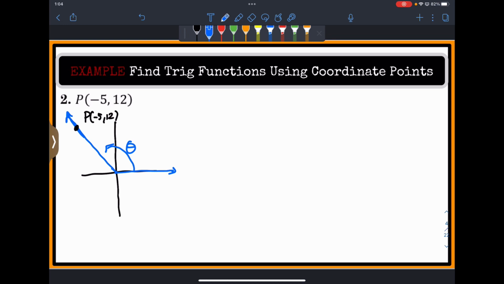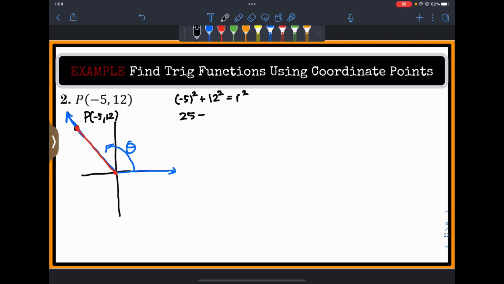So again, the first thing I need to do is figure out the value of r. I'm going to need r first. So the length of that red line. So using our Pythagorean theorem, we're going to get our x value, square it, our y value, square it, and that's going to equal r squared.